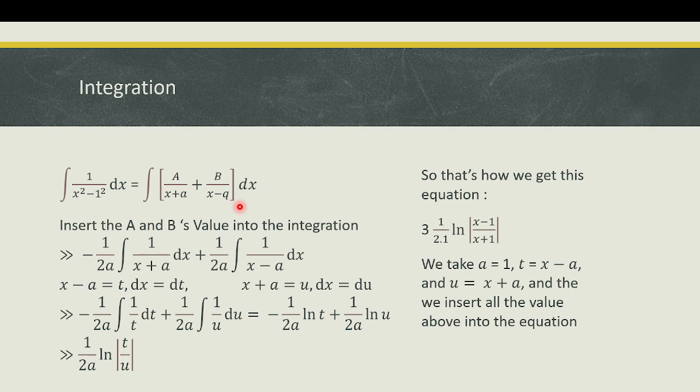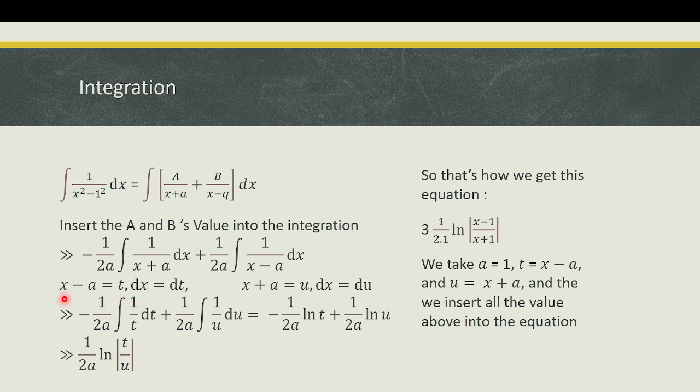It's a mistyping on my part, I'm so sorry again. Insert the a and b values into the integration, so we get minus 1 over 2a times the integral of 1 over x plus a dx plus 1 over 2a times the integral of 1 over x minus a dx.